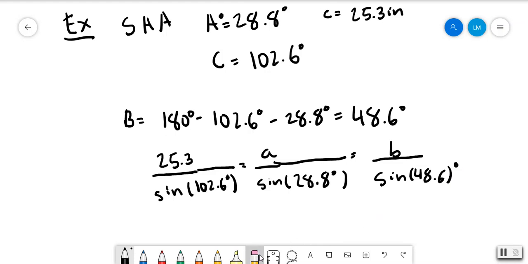I would say, try to solve these problems on your own where you're able to figure out what A is and what B is. But again, you're not using the Pythagorean theorem at all in this case because it's not a right triangle. If you cross multiply, you'll get that side A is equal to 12.5 inches.